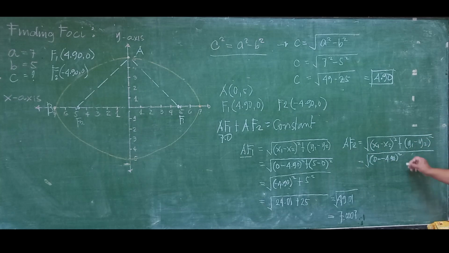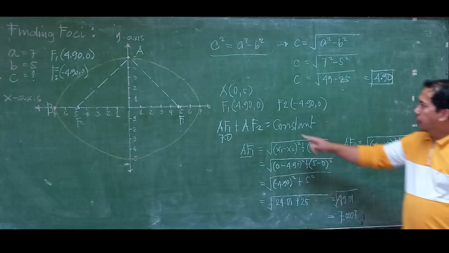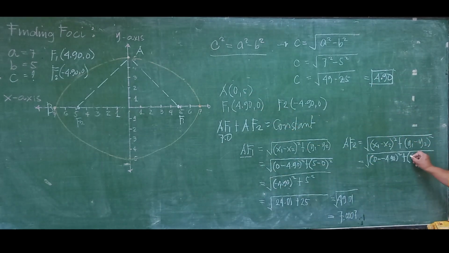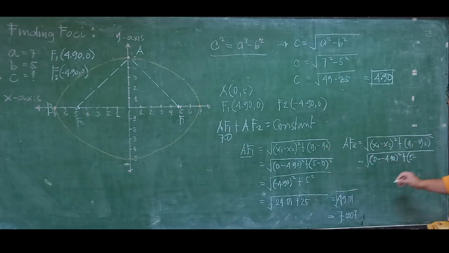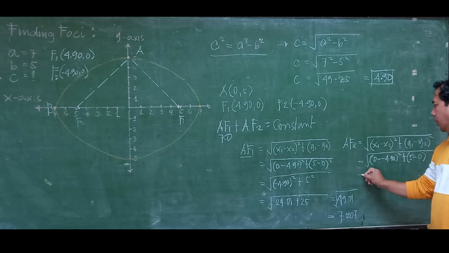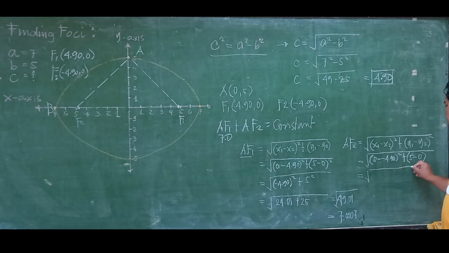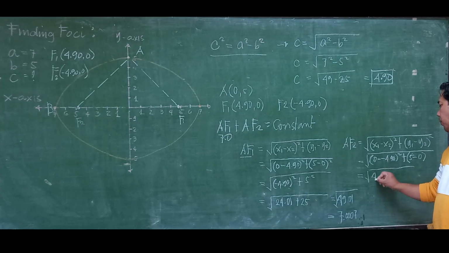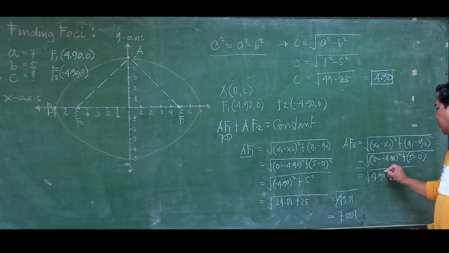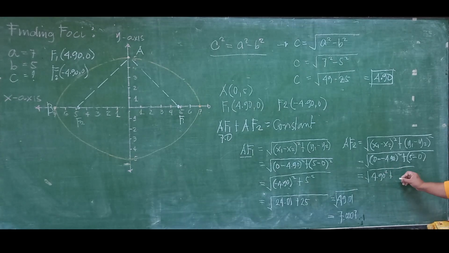So that you will not commit mistakes. Now, what about our y sub 2? y sub 1 is 5 minus 0, that is 0. Now it will give you a result that is already positive: 4.90 raised to the second power plus 5 raised to the second power. A result of what?